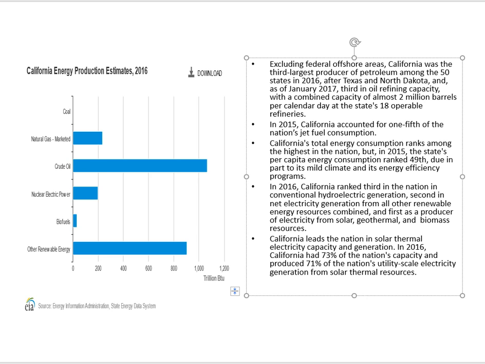So though we are producing a lot of energy from renewable sources, we're also using a lot, and some interesting statistics really highlight this. Look at the amount of energy that we use for jet fuel, for example. We account for 20% of the nation's jet fuel consumption. This is of course a product of the fact that we have the most people of any state. But we're also a high energy user because we have a lot of diversified industries.